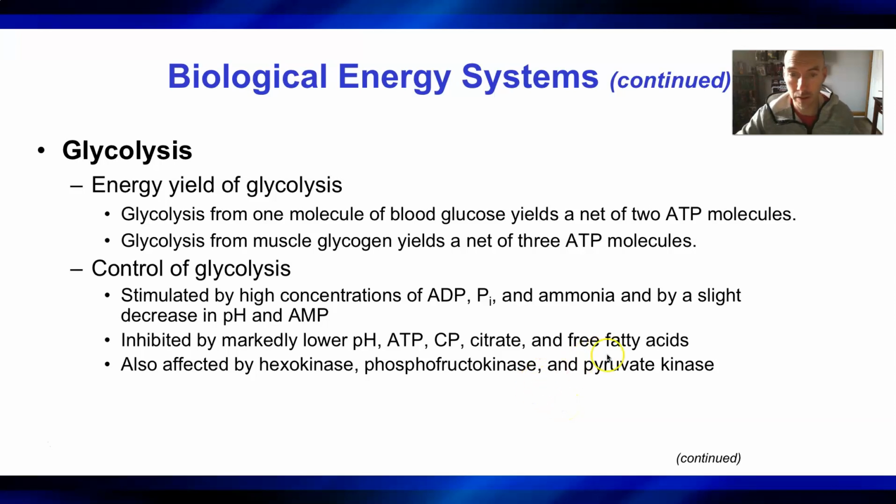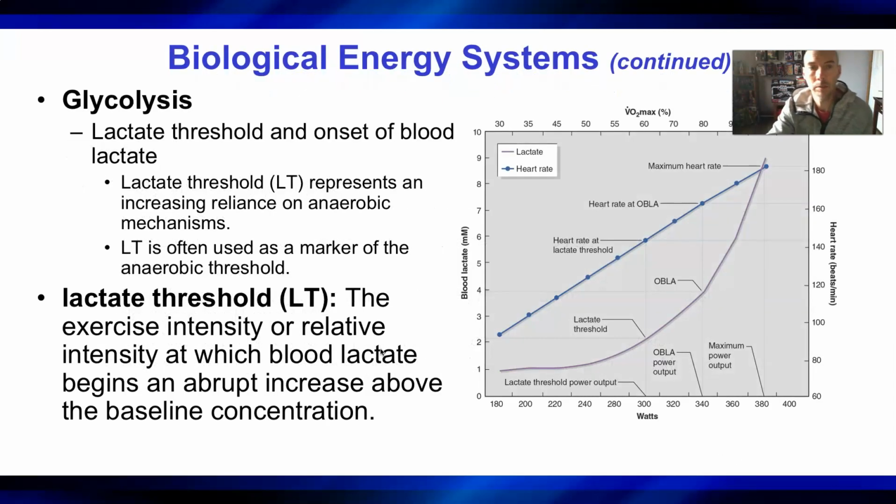This enzyme is called phosphofructokinase. We abbreviate that as PFK, and that's what we call the rate-limiting enzyme of glycolysis. So these things here stimulate it, these things here inhibit it. And that's how this cycle as a whole is either stimulated or inhibited. All right, moving on.